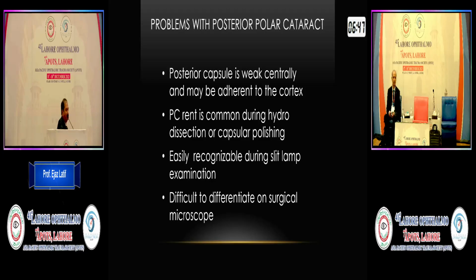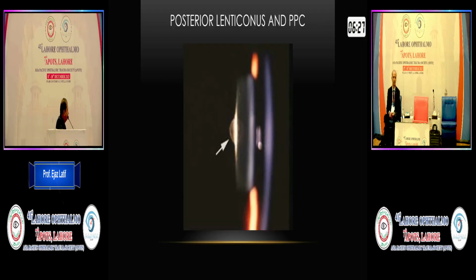Whenever you see a case of posterior polar cataract in your clinic, just make it very clear on the documents and highlight it, that it is a posterior polar cataract, and we have to do the hydrodelineation technique instead of dissection. It's also often associated with posterior lenticonus, and the lens capsule is very, very delicate here.